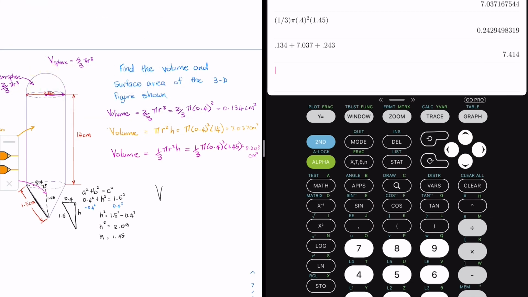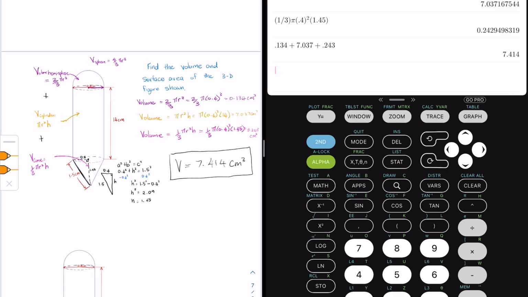So our volume is equal to 7.414 centimeter cube. All right, so that is how we find the volume of this composite figure.